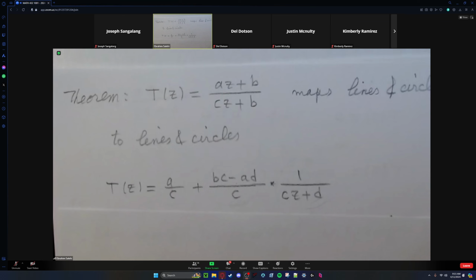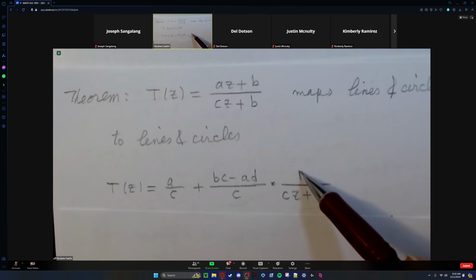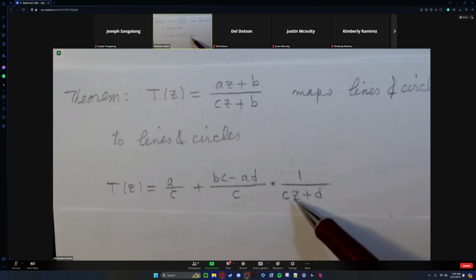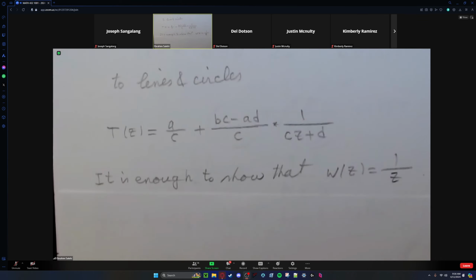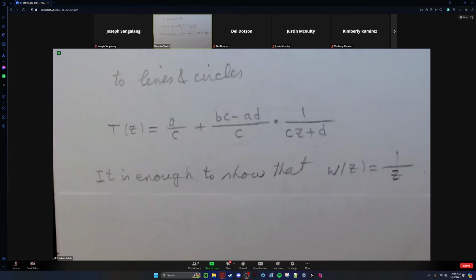Line goes line and circles goes circle. Multiplication by a number, same thing. It is the reciprocal function that we need to check and make sure that the reciprocal function sends line and circles to line and circles.